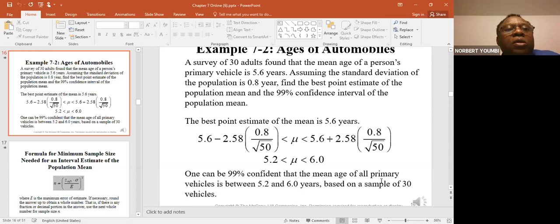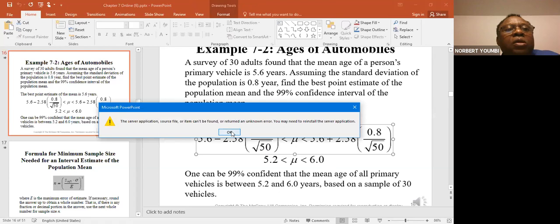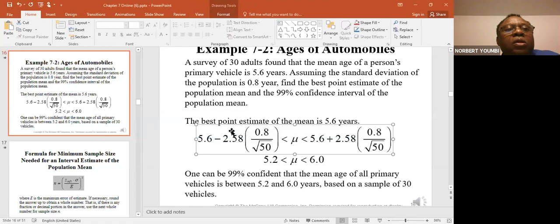Here, sigma is known to be 0.8. The sample size is 30, not 50, and the confidence level is 99%.